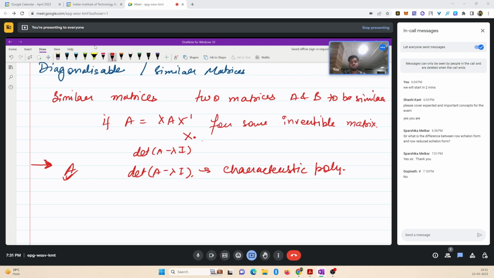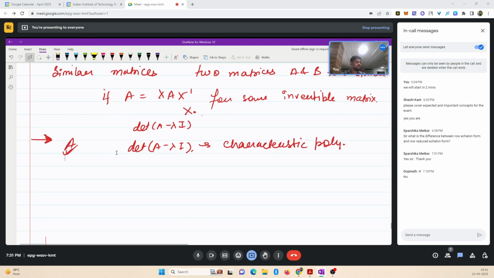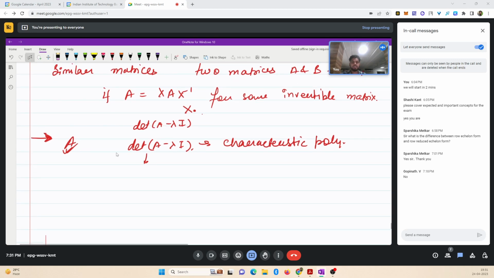So if this characteristic polynomial is, let's say, of the form (lambda minus a1) to the power m1 into (lambda minus a2) to the power m2, so it has split into factors like this.